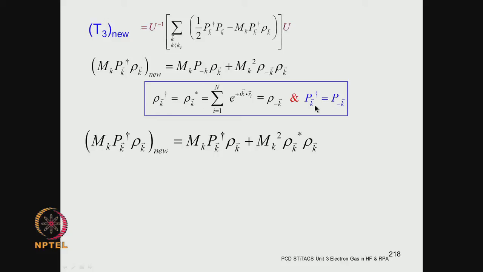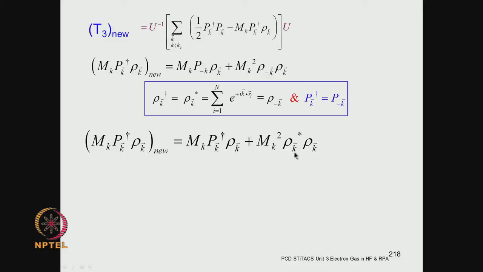These are the primary transformation relations that we are using. P minus k is the same as pk dagger, right, because this operator is not self adjoint. You have got the quadratic term here. Rho minus k is the same as rho k star.